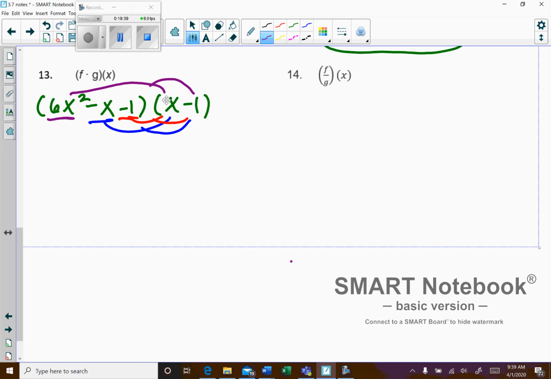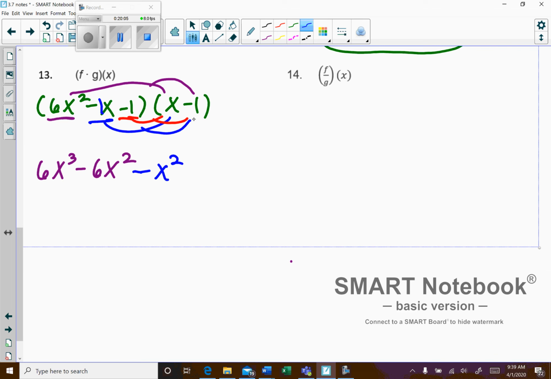Okay, so 6x squared times x will become 6x to the third. 6x squared times minus 1 will become minus 6x squared. Okay, so that's the first term getting multiplied by both of those. Now the middle term, which is a minus x, with an understood 1 in front. When you multiply that, that'll become minus x squared. If you want to put the 1 in front, you can, but you don't have to.